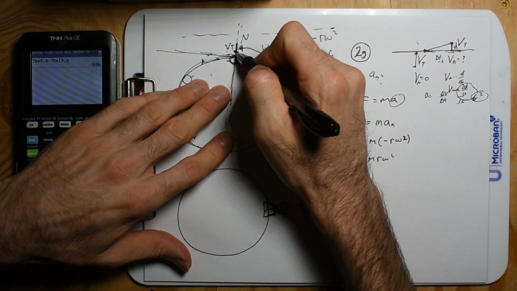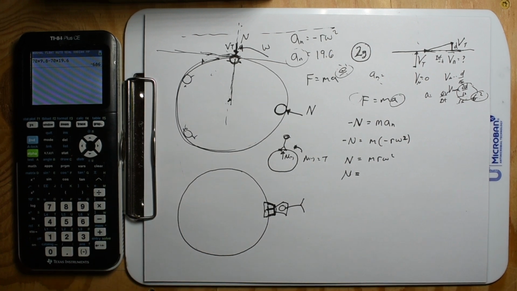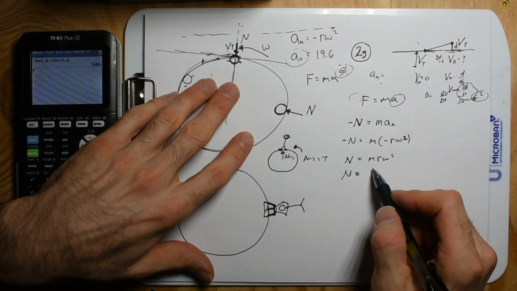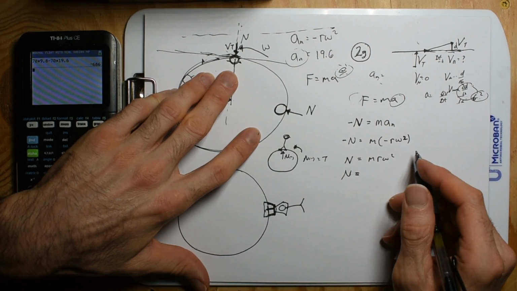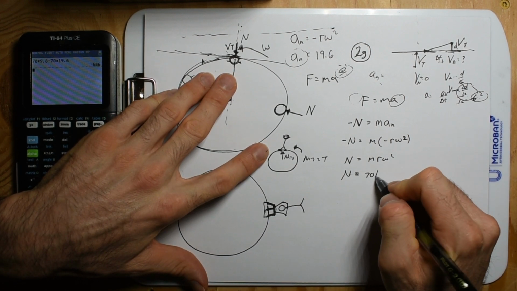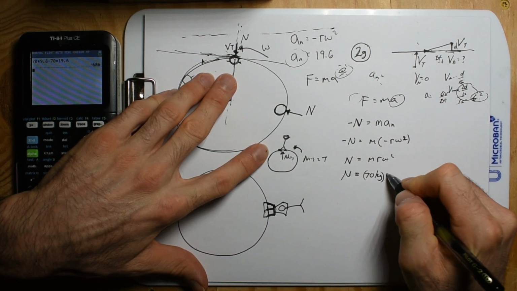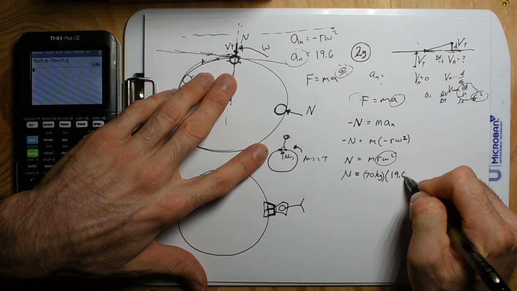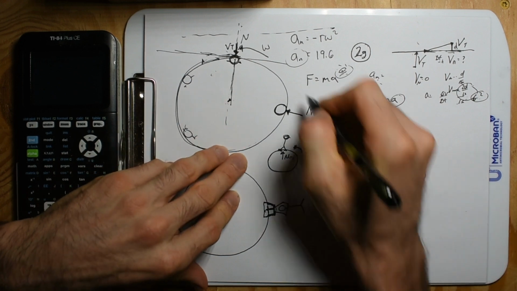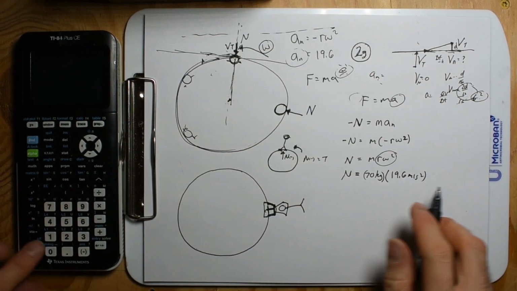This normal force is our mass, 70 kilograms, and then we already assumed this was 19.6 meters per second. We're spinning really fast.